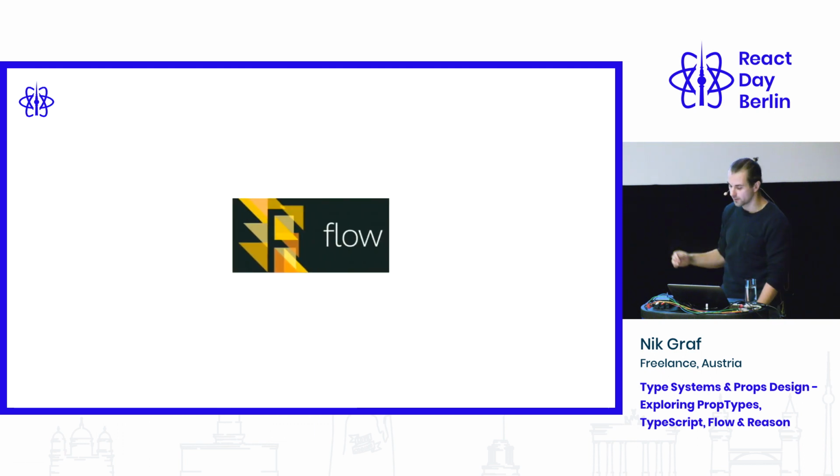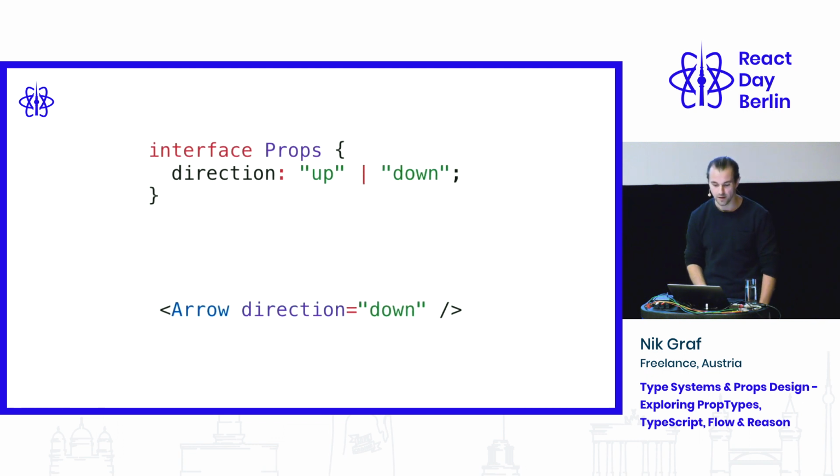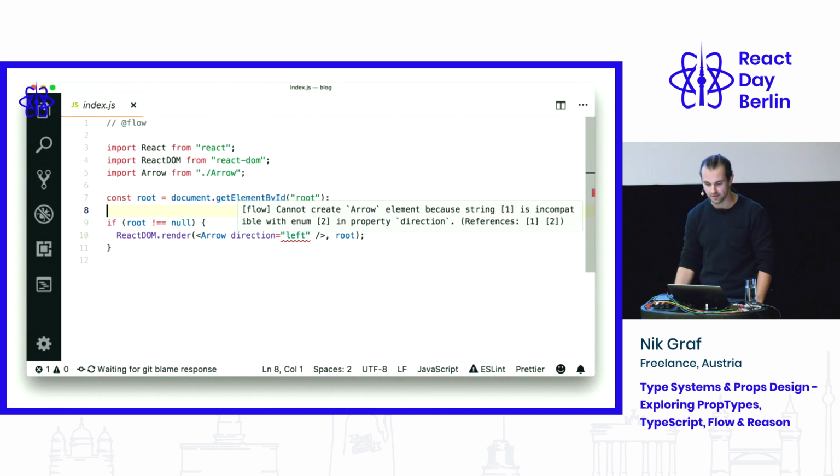Cool. So let's look at Flow. What can Flow do for us? You might notice it's exactly the same thing in this case as TypeScript. You have string literal unions. You can define the props interface like this. You use it like this. And the same autocompletion works fine. That's great.